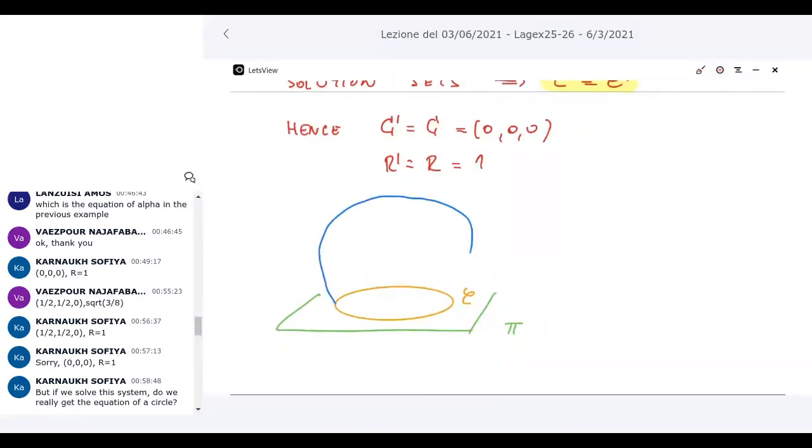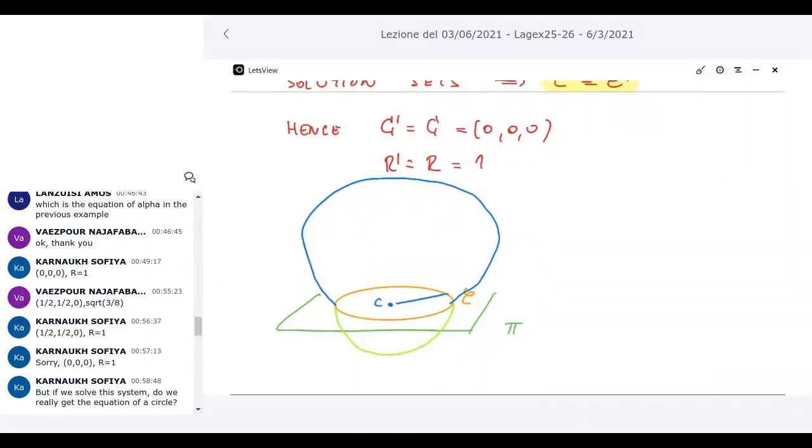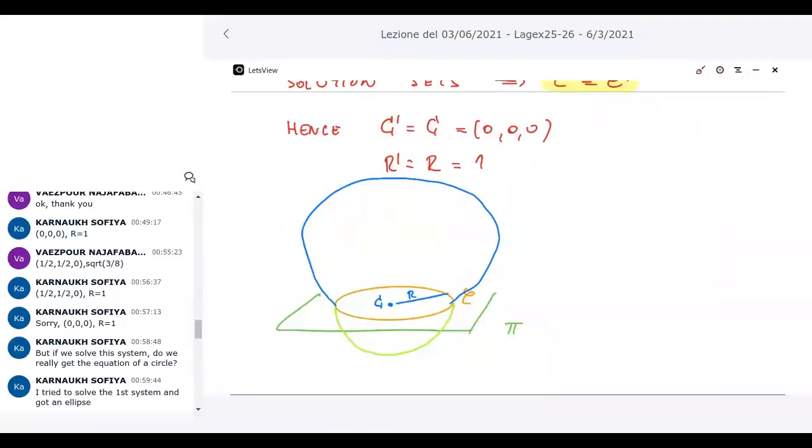But then you can also obtain the same circle by intersecting with another sphere, which is the sphere of the green system. So what is the situation? The situation is that maybe the same circle can be defined by different systems, by different spheres intersecting, for example, the same plane. So the center and the radius of the circle will not change because it is the same circle but written in a different way.